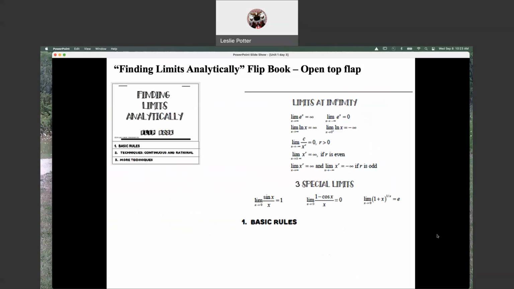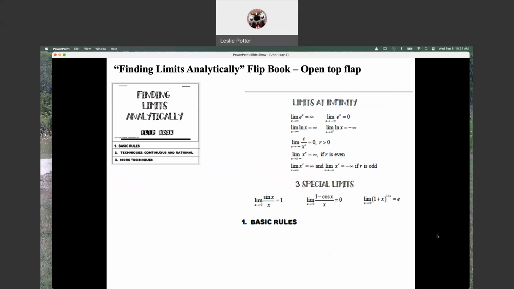Couple of things I also want to talk about. Limits at infinity, on the bottom part of that page. We're going to have a whole section about infinity, but I want to draw your attention to the special limits. Anyone remember what this looks like? It's right up there on the wall.